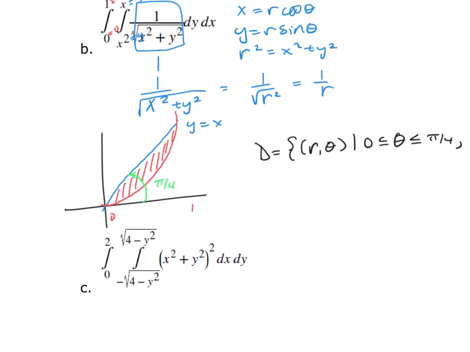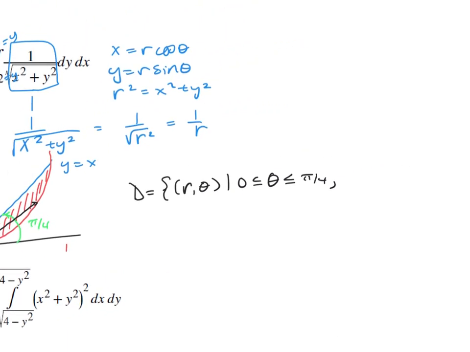So let's take a look at my picture here. This is where r is going to run. So this is my r, and this is also my r, and this is also my r. You can see that r, by my picture, starts at 0. So the part we have to be worried about is that r runs between 0 and the thing that's going to constrain my r, which is the x squared part.